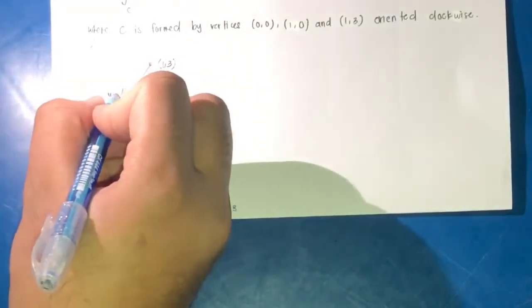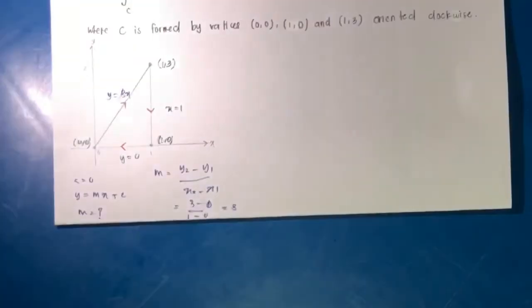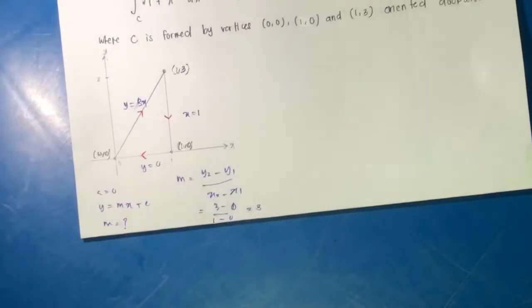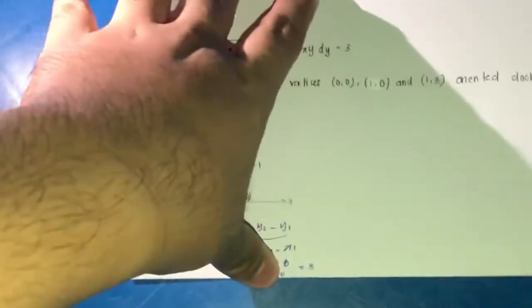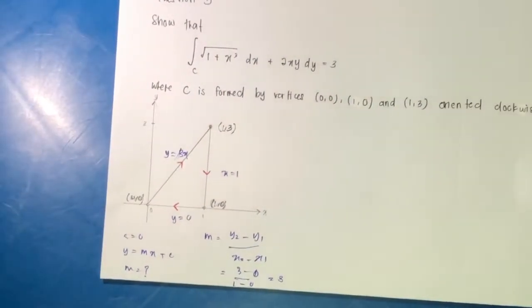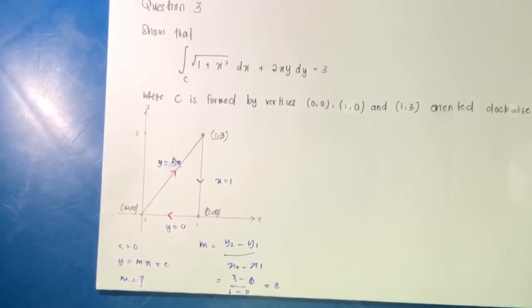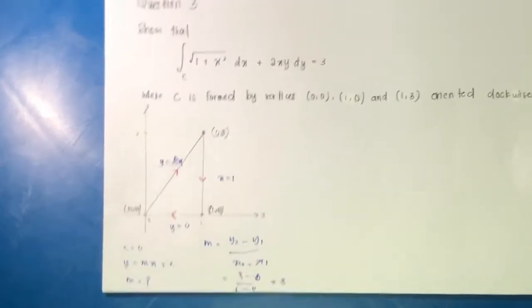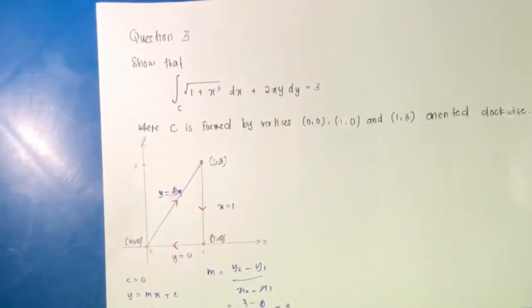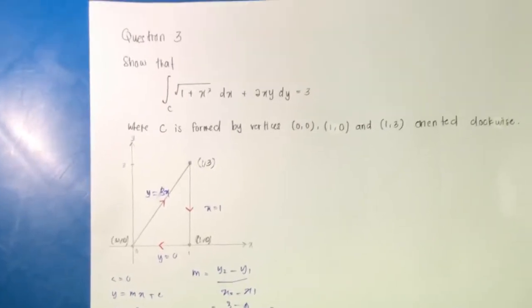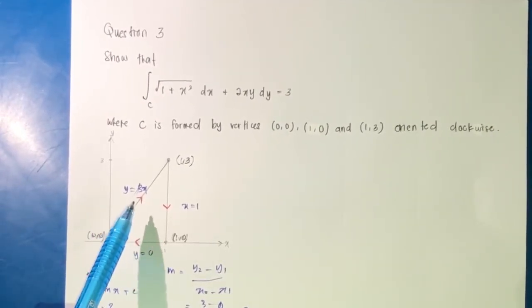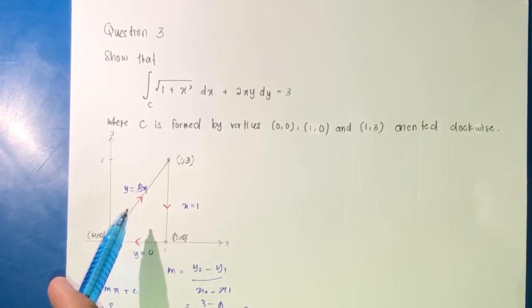So this is 3x. Now, as the question told us to use oriented clockwise, the arrow over here is showing the clockwise direction.